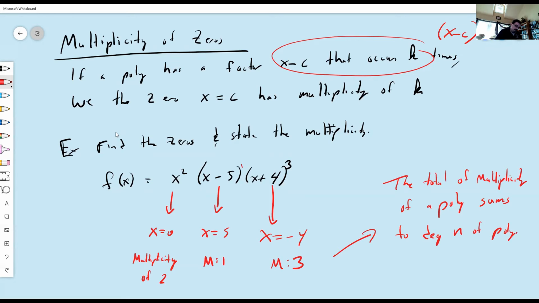So we look at ours right here, x squared, x, x cubed. This is x to the 6th. Well, 2 plus 1 plus 3 equals 6.